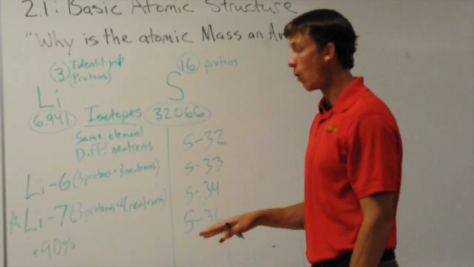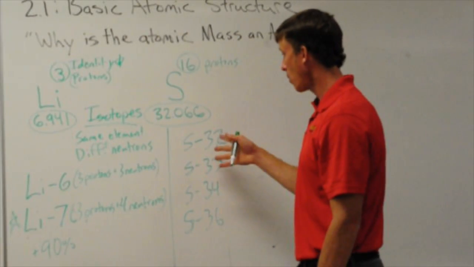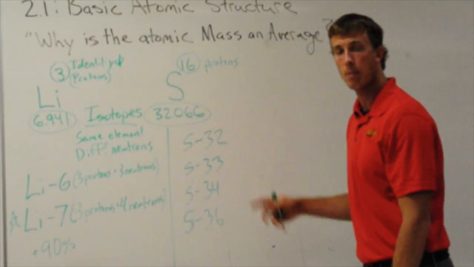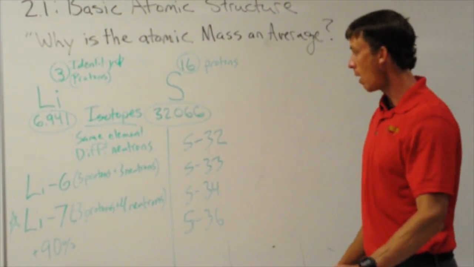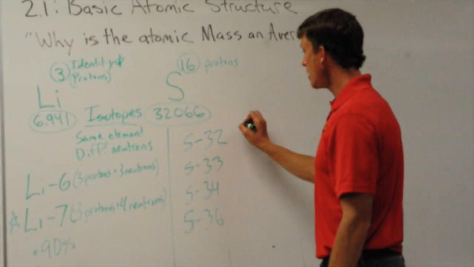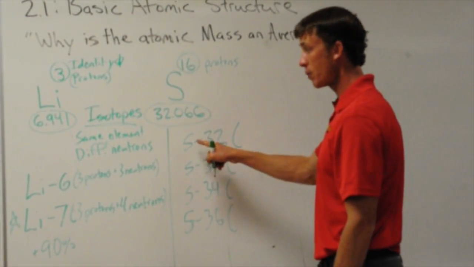So in a second, I'm going to go over what the most common one would be, and also how many protons and neutrons each one has. So maybe pause that and fill in this part. Okay? All right. So here's what we're looking at. We know that the number of protons never changes.